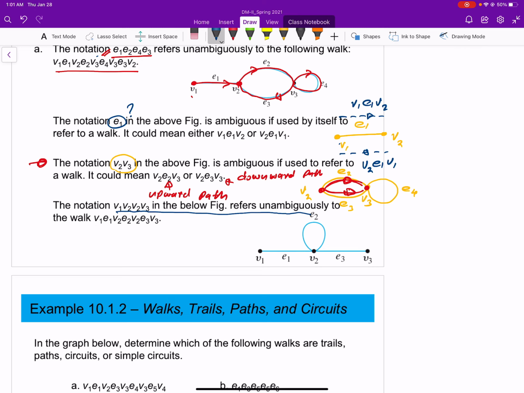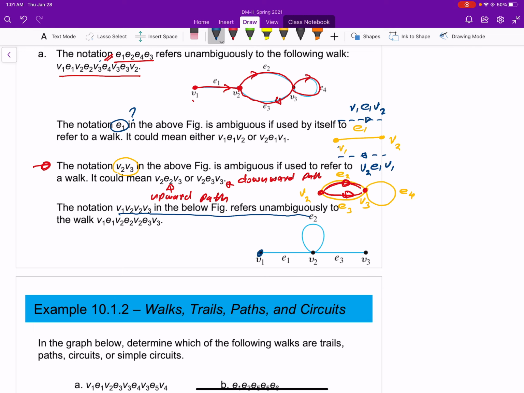So it is V1 right here, V2, and then it says V2 again. That means you are going in the loop, and then it says V3.